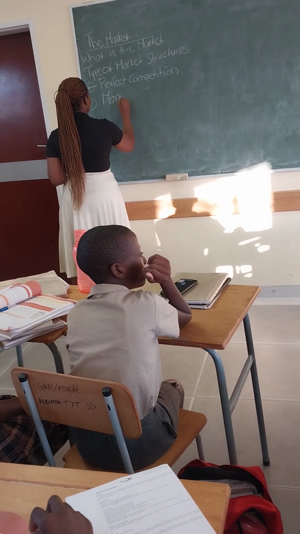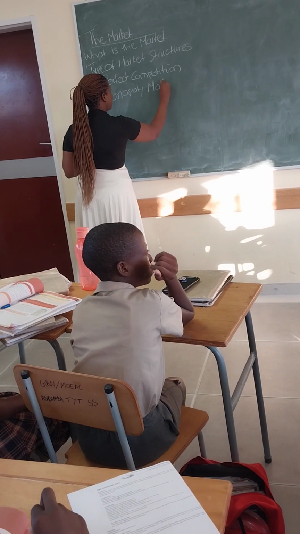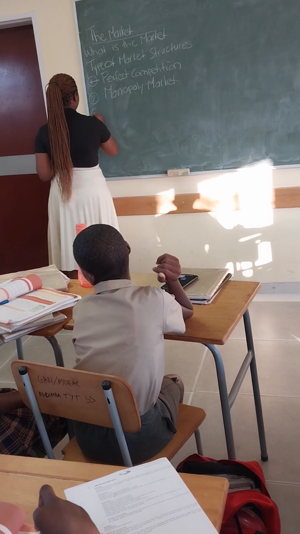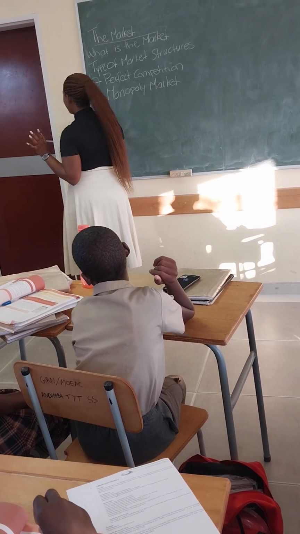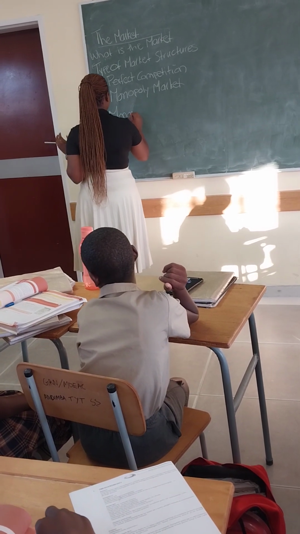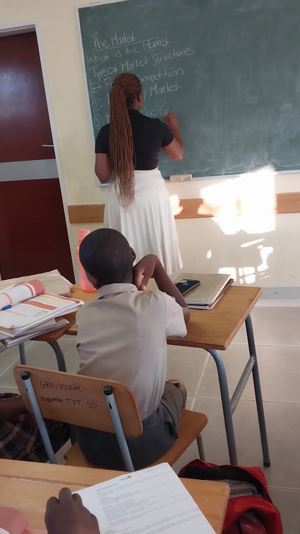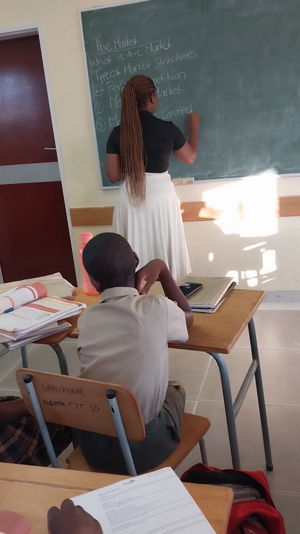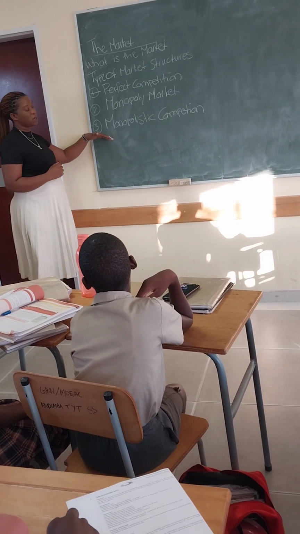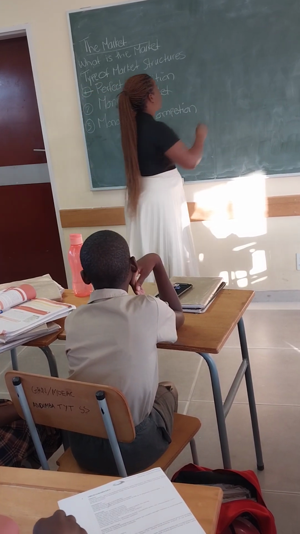Monopoly market. There are three. What's the last one? Monopolistic competition. Okay, so these are the three market structures that you are required to know. Let's start with perfect competition.